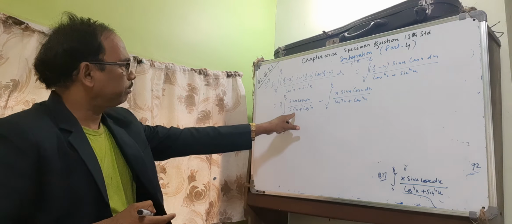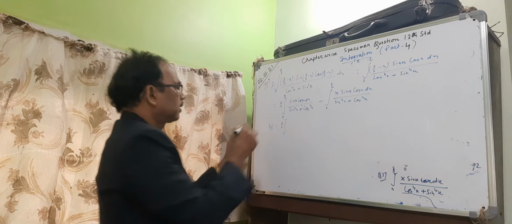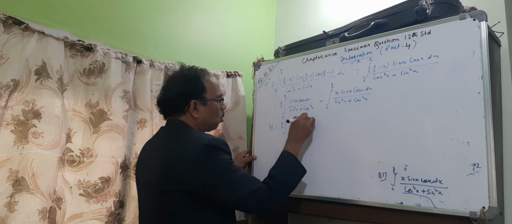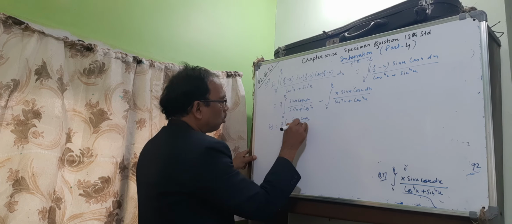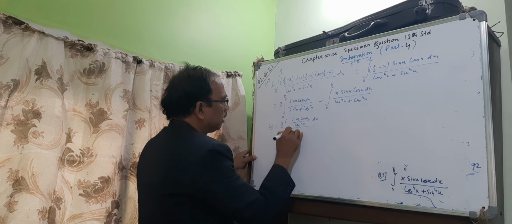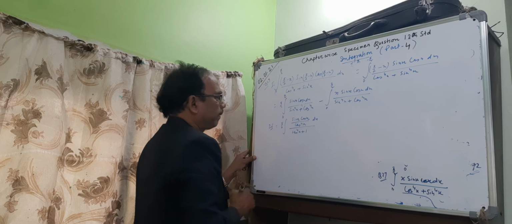In this we have to divide by cos to the power 4x, that is sin x cos x by cos to the power 4x dx over tan to the power 4x plus 1.